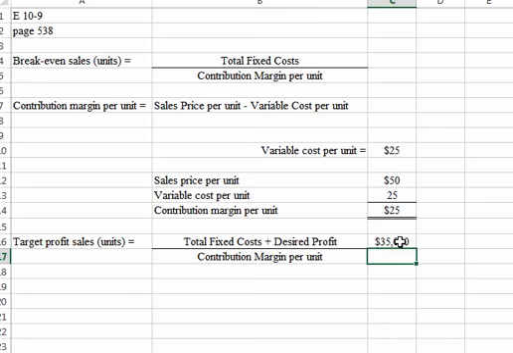And that's not a dollar amount. Instead, that's 35,000 units would need to be sold to hit that target profit of $75,000.